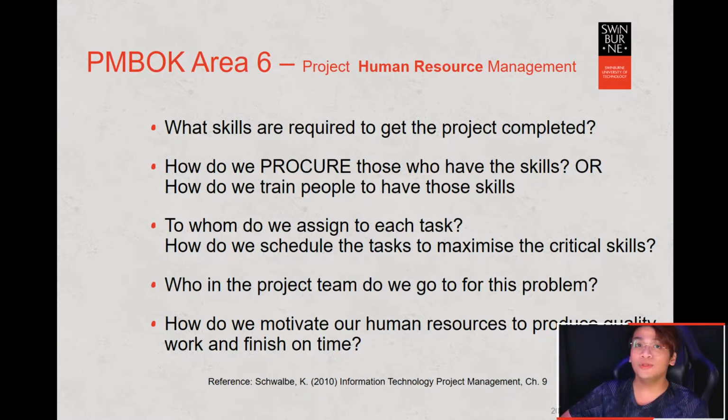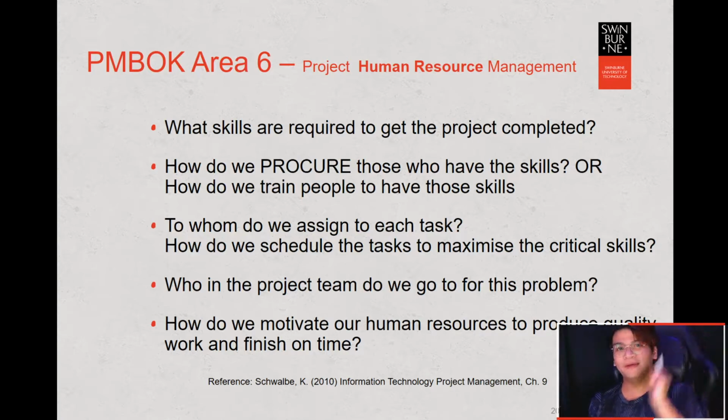You don't recruit someone who is an expert in the Java programming language to do a project that uses JavaScript. Java and JavaScript are different things. Next is how do we procure those who have skills, or how do we train people to have those skills, and so on. That's what we need to do in project resource management.